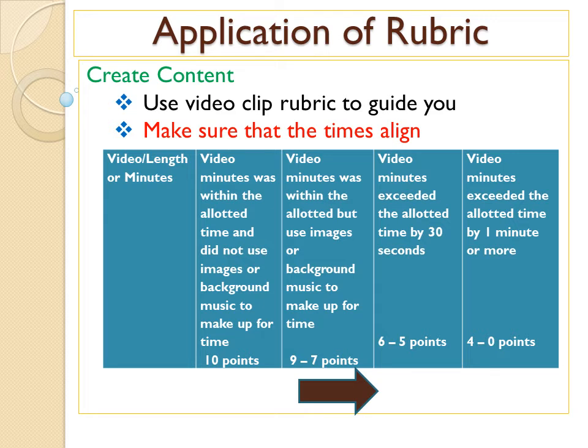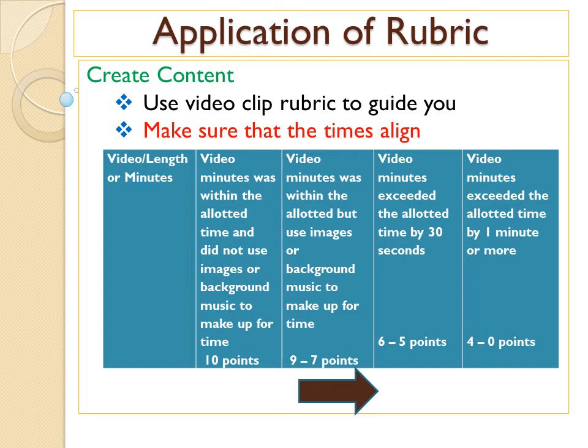Application of rubrics, creating content. We have the video length or minutes. Use the video clip rubric to guide you, to make sure that the times align with the required assignment. For example, if your lecturer or professor gave you an assignment that is 7 minutes long, there's a score for that, which is 10 points if you are within the allotted time.